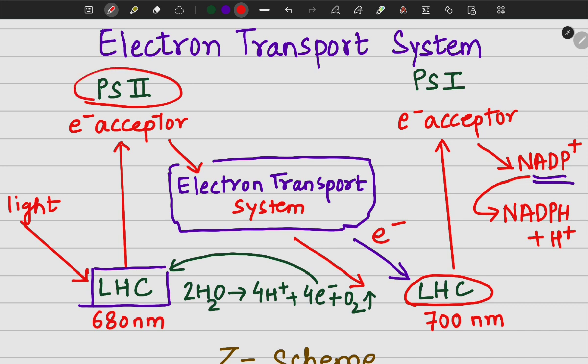Alright, and photosystem 2 occurs in the inner side of the thylakoid membrane. So photolysis of water also occurs in the inner side of the thylakoid membrane.